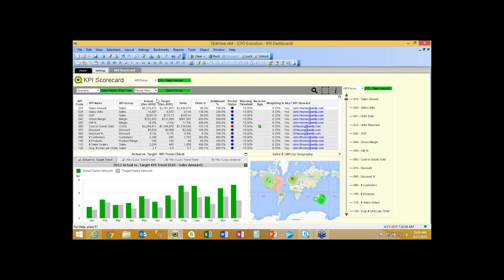That gives you the actual number that you have for the particular scenario, for the particular period. And then, as Jeffrey mentioned, we have the target number. It's very important that you have that number to understand how you are actually doing, actual versus target. We then have the delta here, the difference between the actual and the target, and then two percentages really. I put both of them in.